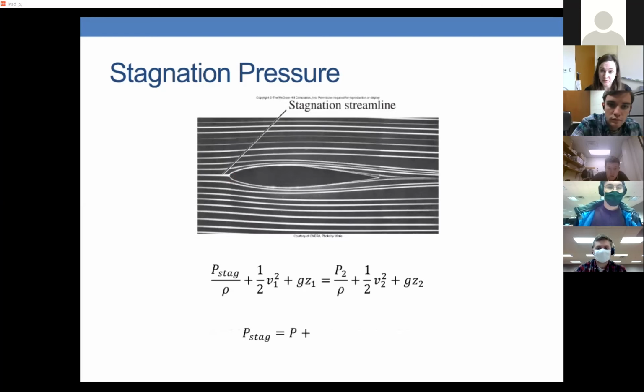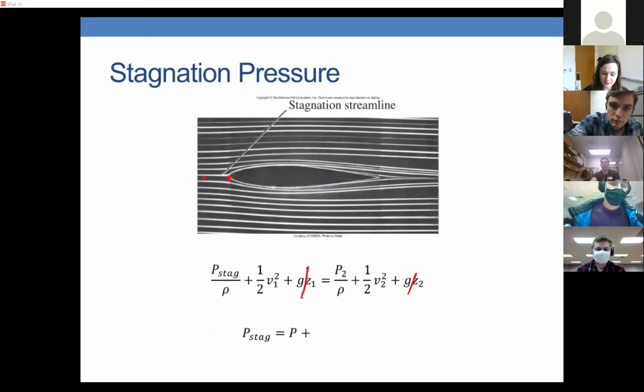And we can do that from the Bernoulli equation. Okay, so we have a point here and some point out there. There's a stagnation point. There's some other point.